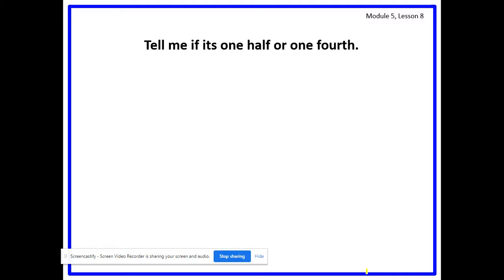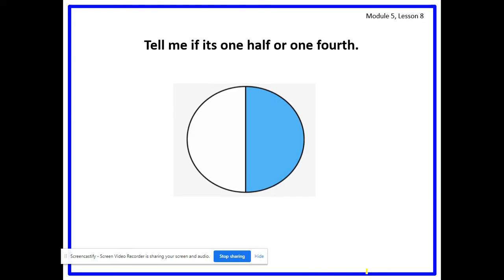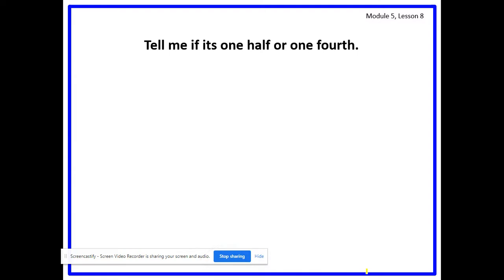So now you're going to park your marker and park your pencil. You're sitting tall, and on my signal, you're going to tell me if it's 1/2 or 1/4. Here's the first picture. Does this show 1/2 or 1/4? Get ready. Yes, 1/2. Next picture.